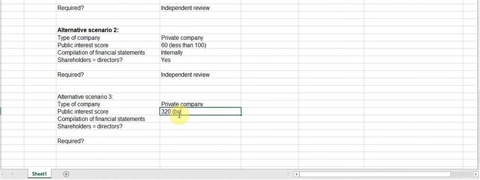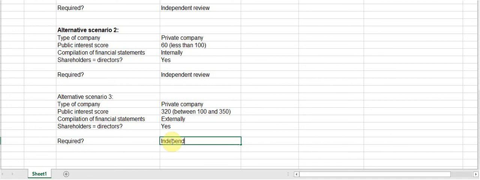So that is between 100 and 350. And the compilation of the statements are externally done. And the shareholders are also directors. What would we have in this instance? It will still remain an independent review.